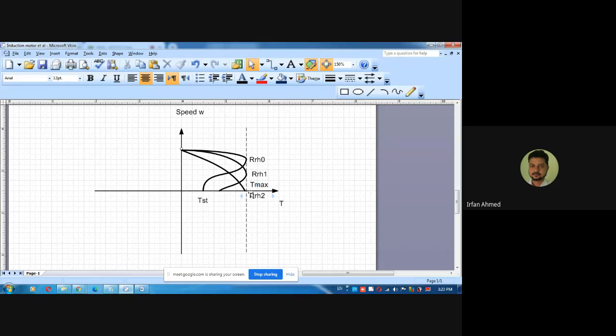The answer is AC servo motor. Did you study AC servo motor in your UG course? Yes, sir, in control system.